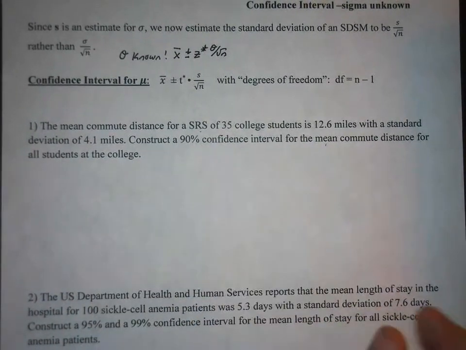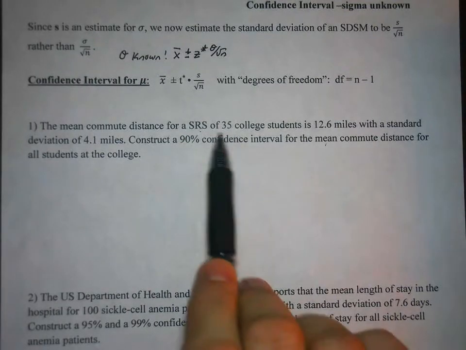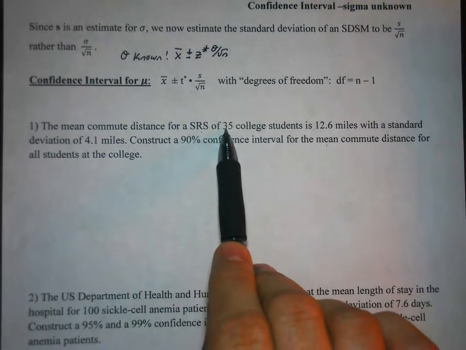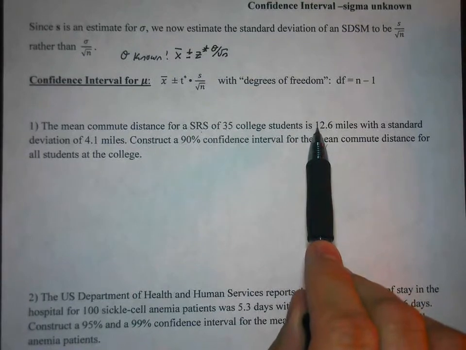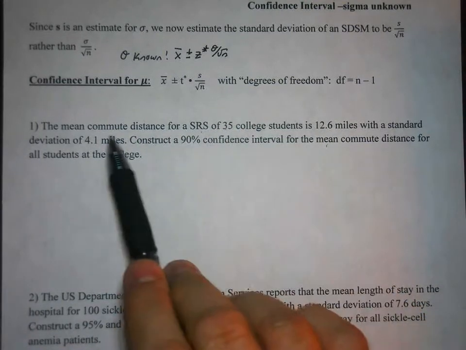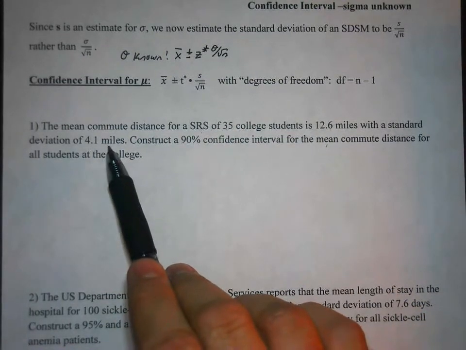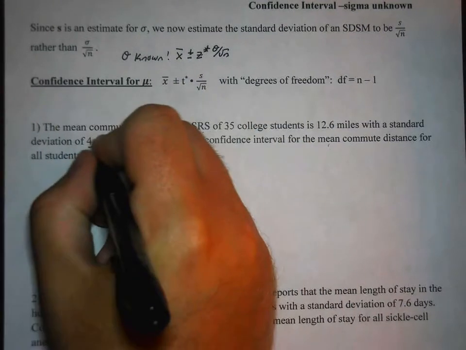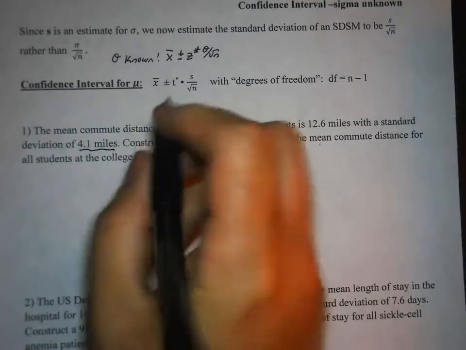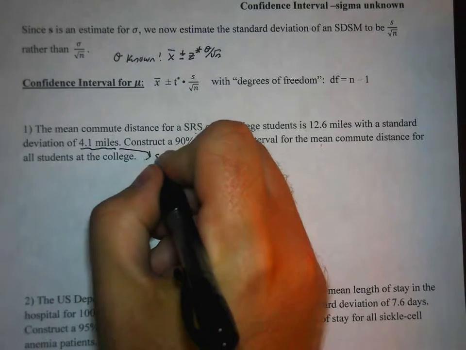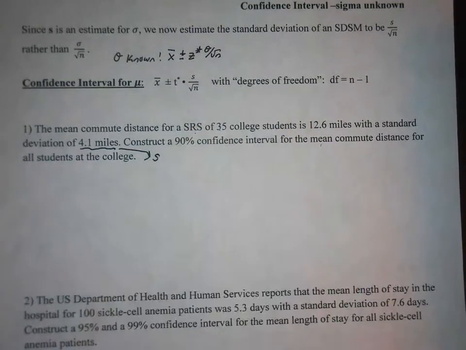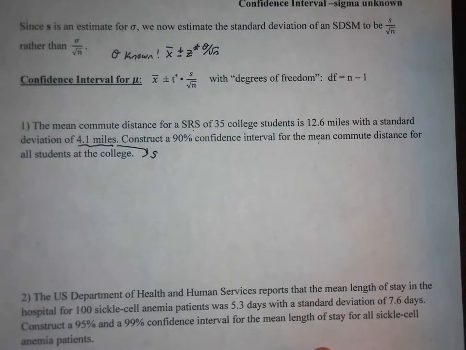Okay, so when we read that question, you have to make the distinction of whether or not we know sigma. So when you read this, that sample of 35 students resulted in this mean of 12.6 and this standard deviation of 4.1. So that implies that this 4.1 miles is an s value, your sample standard deviation, rather than sigma.